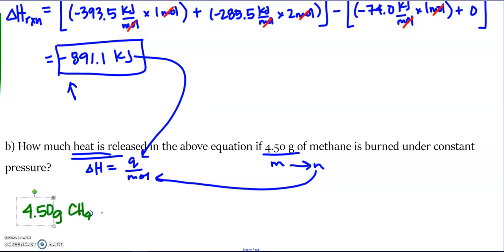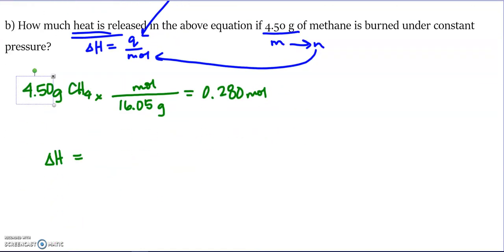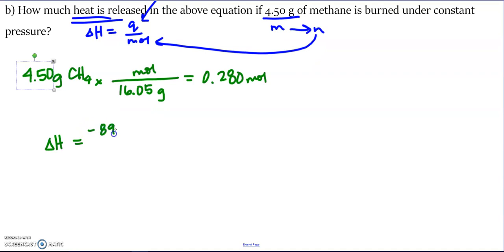grams of methane, and if I find the molar mass, it is 16.05 grams per mole. So if I take 4.50 divided by 16.05, I get 0.280 moles. And my delta H then is going to be my negative 891.1 kilojoules over 0.280 moles.